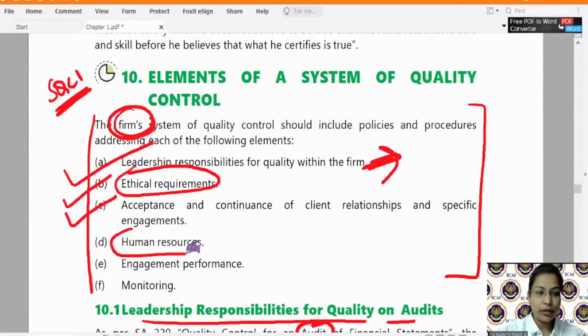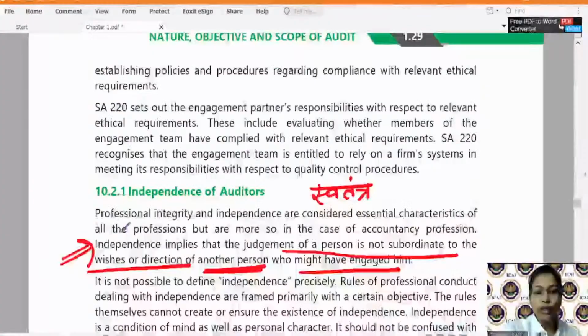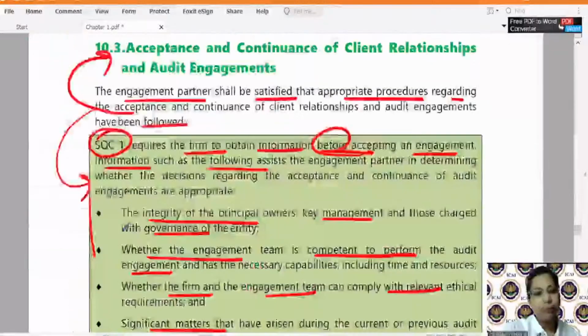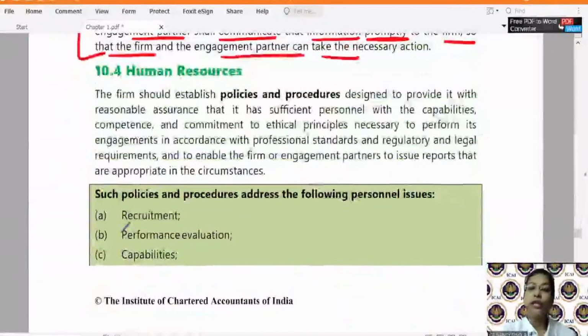Now is human resources. Who is going to conduct the audit? The persons. So these are what? Human resources. So unless and until the team which is going to conduct the audit is satisfactory and competent, है ना, quality work cannot be delivered. इतना तो पता है.